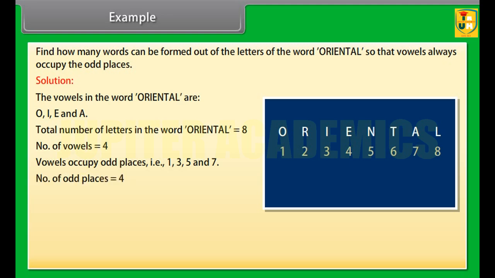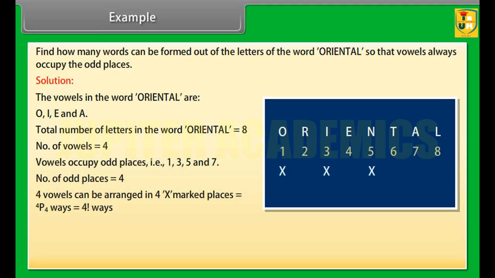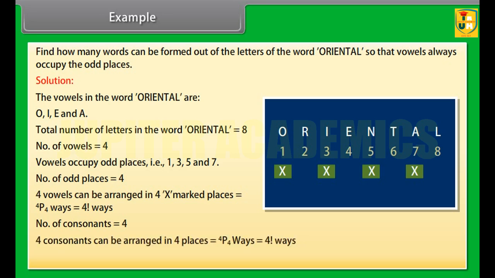Number of odd places is equal to 4. 4 vowels can be arranged in 4 X-marked places is equal to 4P4 ways is equal to 4 factorial ways. Number of consonants is equal to 4. 4 consonants can be arranged in 4 places is equal to 4P4 ways is equal to 4 factorial ways. Required number of words is equal to 4 factorial into 4 factorial is equal to 24 into 24 is equal to 576.